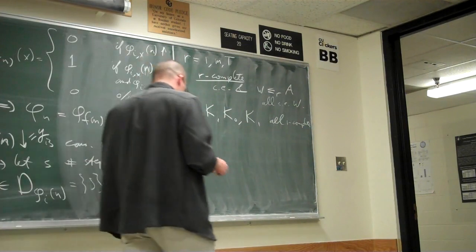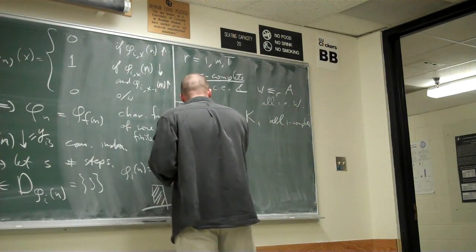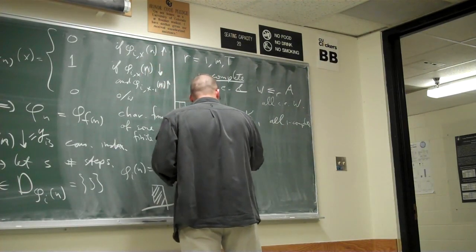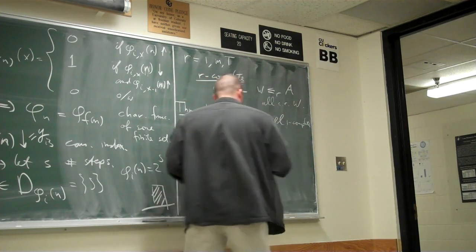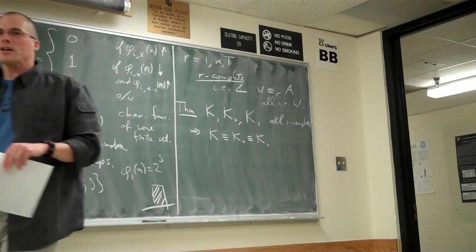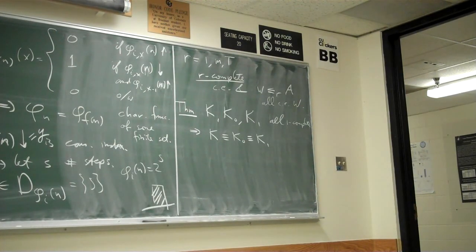You need the right idea. And so from this, it also follows that if we have 3 one-complete sets, then they all one-reduce to each other, and we have Myhill's theorem.